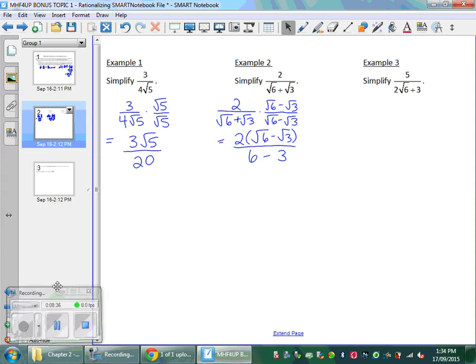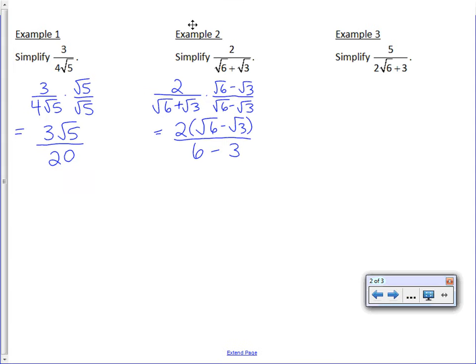Okay, so I'm trying to give you some good strategies here. Once you have it like that, and you know that the 2 and the 3, there's no reducing there, if you left your answer like that, I'd be willing to give you the mark.